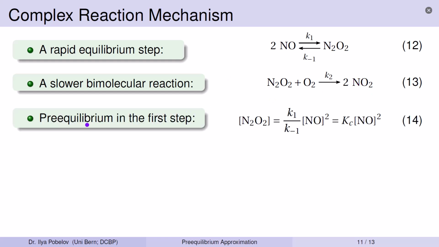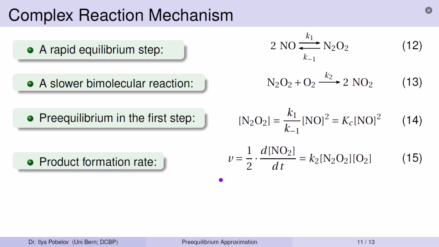Applying the pre-equilibrium approximation to the first step, the concentration of N2O2 is expressed as Kc times the concentration of NO squared. The reaction rate for product formation in the second step is k2 times the concentration of N2O2 times the concentration of O2.